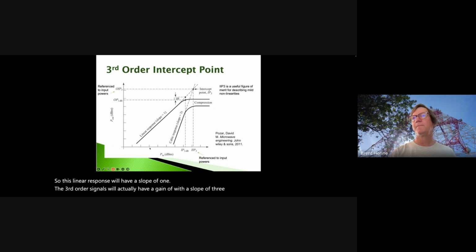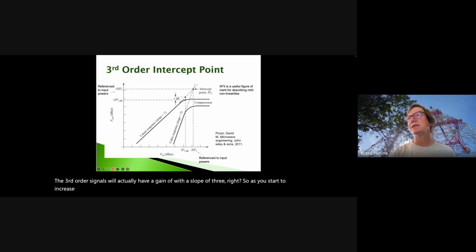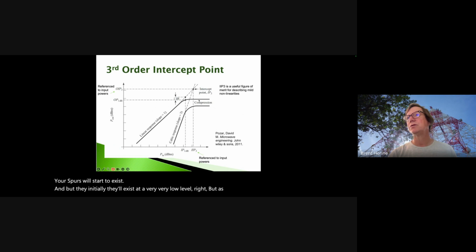So as you start to increase and you get into this nonlinear region, your spurs will start to exist, but initially they'll exist at a very, very low level, right? But as we continue to increase into that nonlinear region, then these third order signals will actually increase 3 times as fast as this signal will, right?